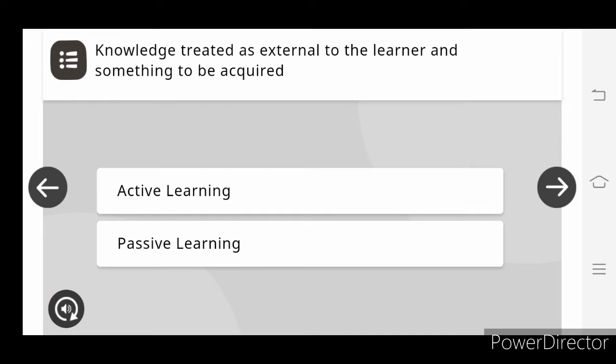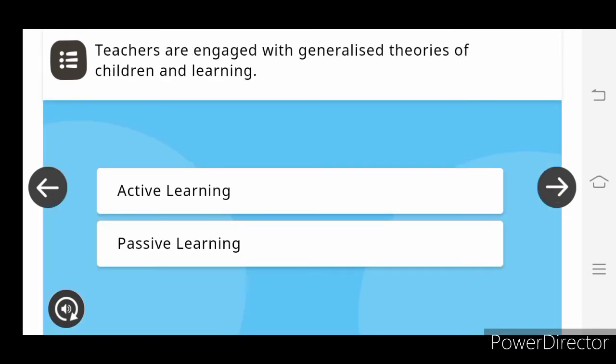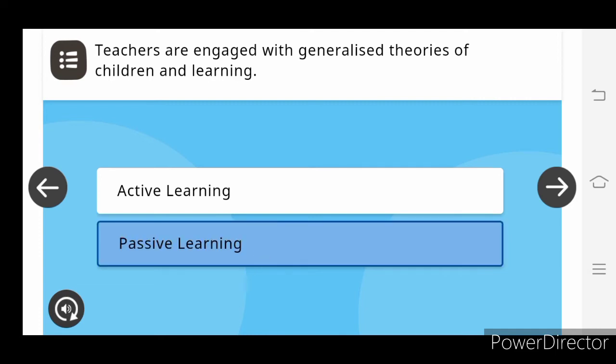Knowledge treated as external to the learners and something to be acquired. Passive learning. Teachers are engaged with generalized theories of children and learning. It is also passive learning.